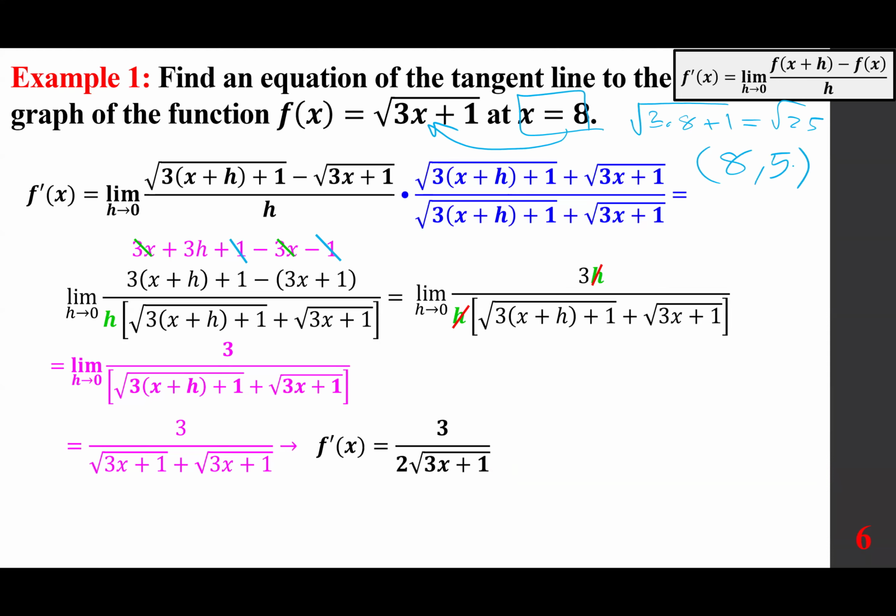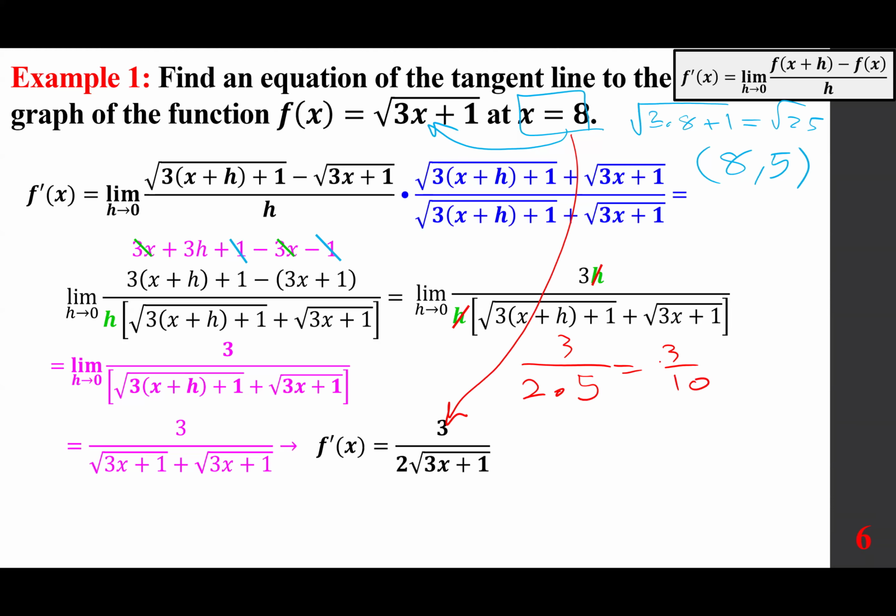So that's the pair. If you plug it into this, the numerator is 3, 2 times the square root of 3x plus 1, we showed it's 5. So we get 3 over 10.